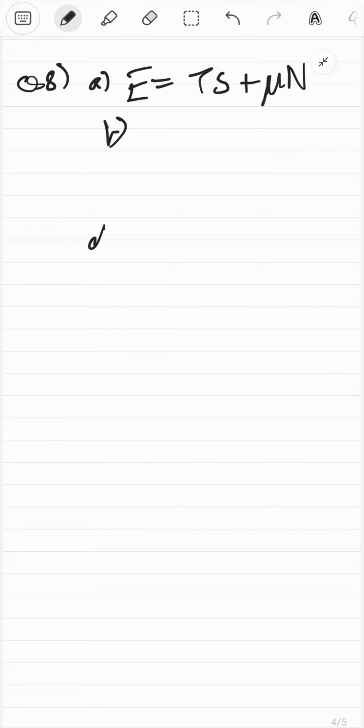So we can say that dS is equal to dQ upon T for some reversible process, and since these are constant volume things, there is no way to do work. The only way that you can add energy to this thing is by heat, and that just raises the temperature. This is just a single variable that you can control, right?